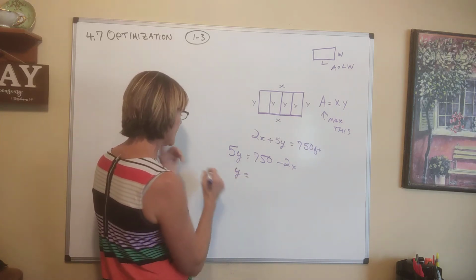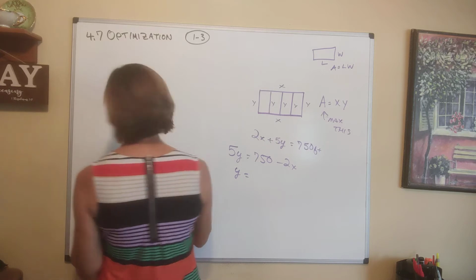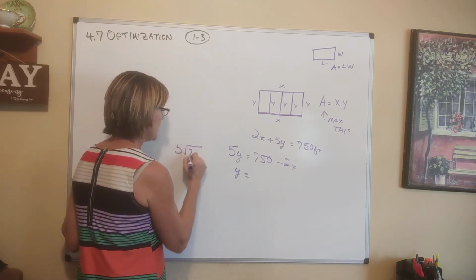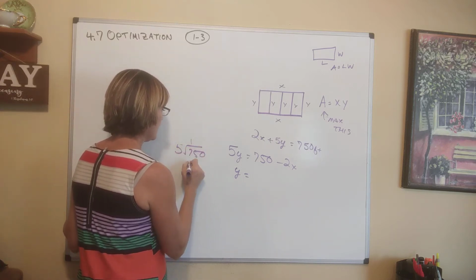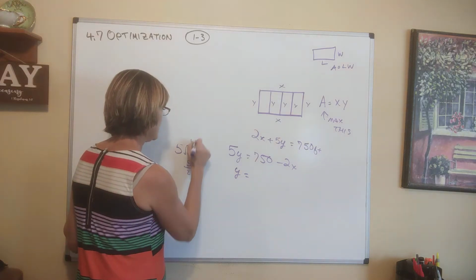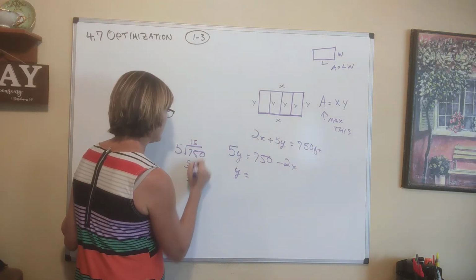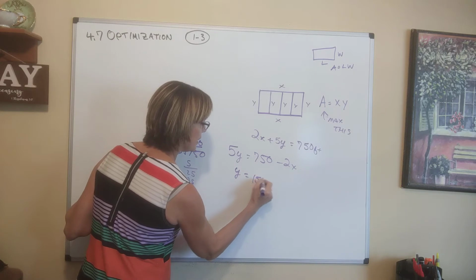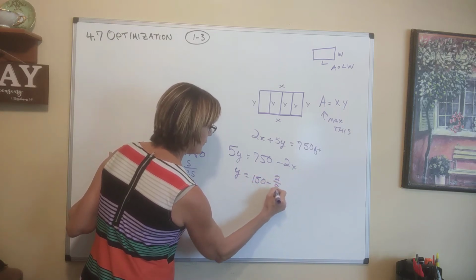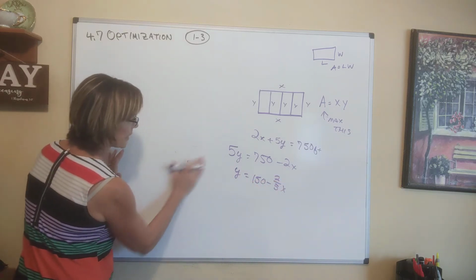5 goes into 750, 150. Sometimes I just have to use my brain. So Y equals 150 minus 2/5 X. All right, that's fine.